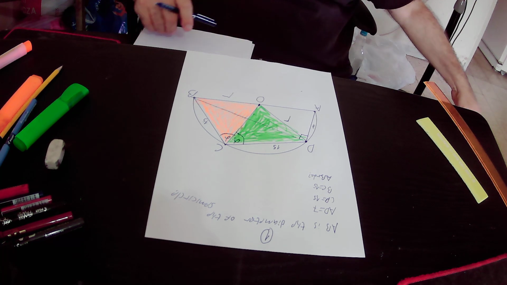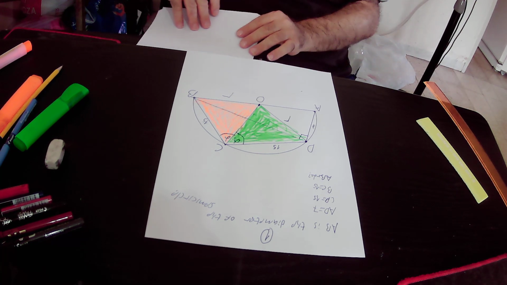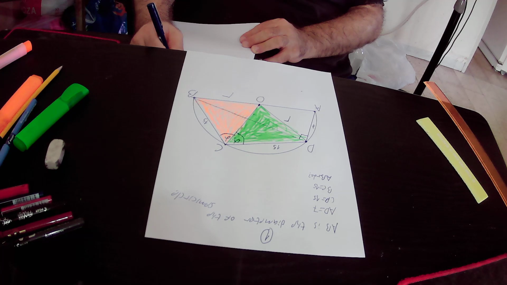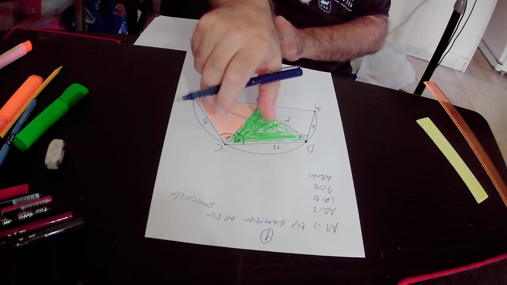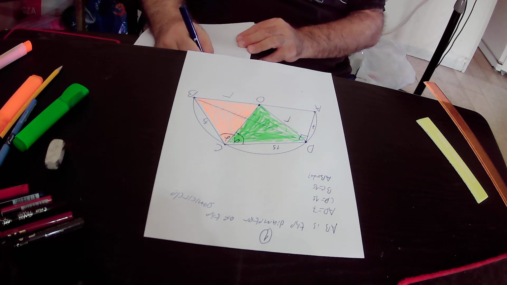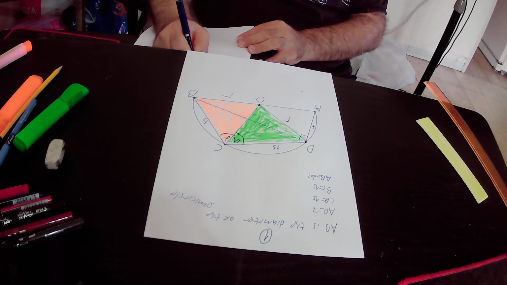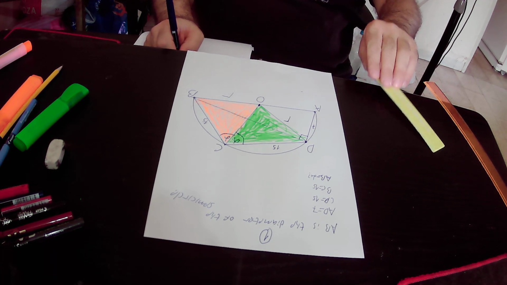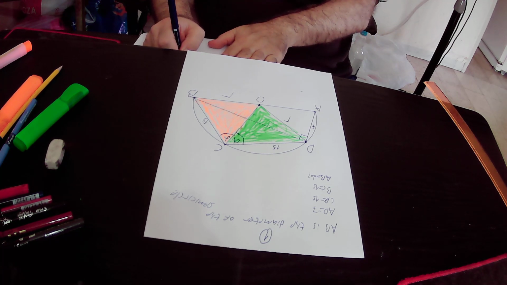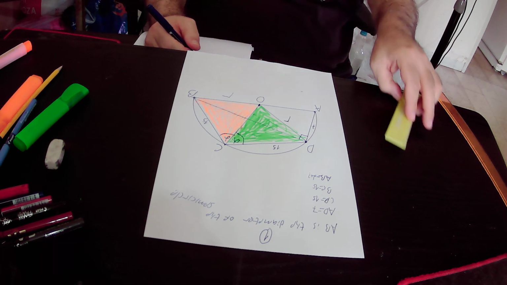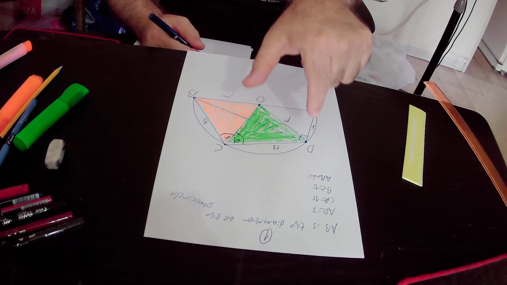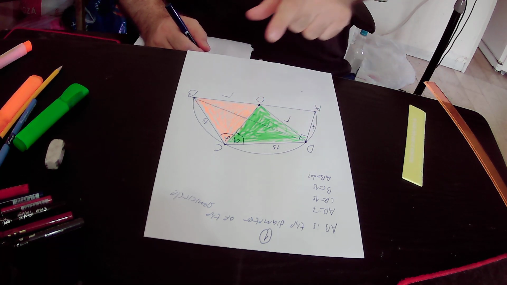In the next step, we will focus on triangle BCD. In triangle BCD, we know that side CD is equal to side CB.